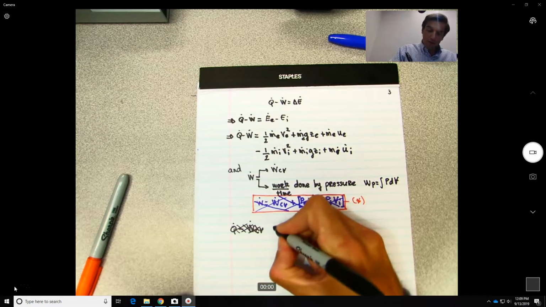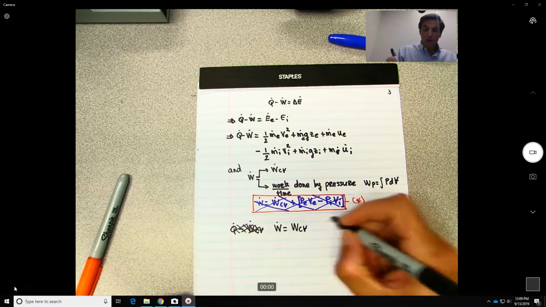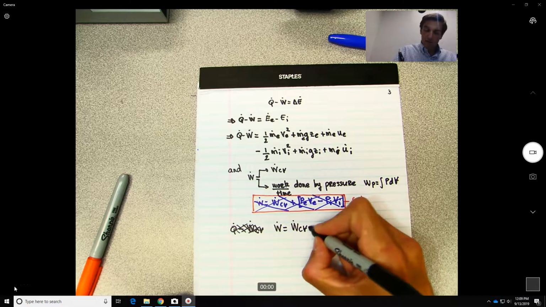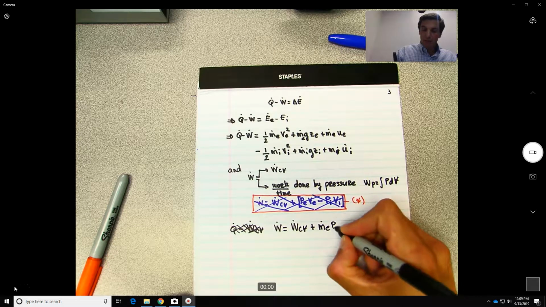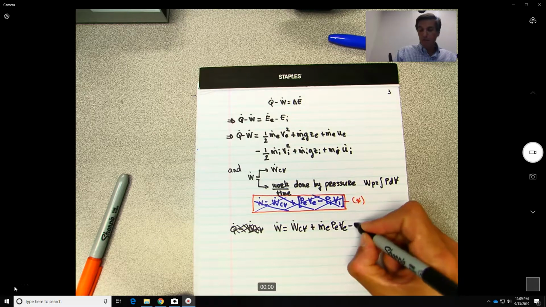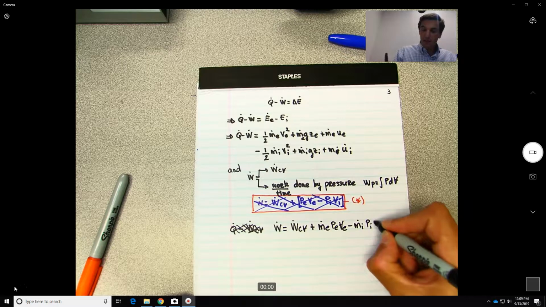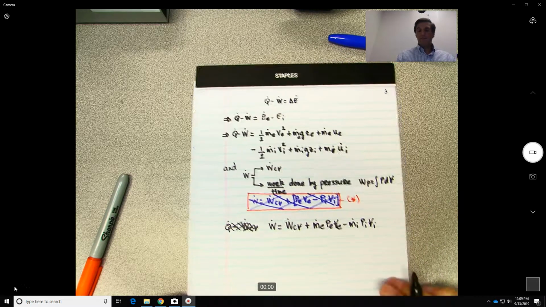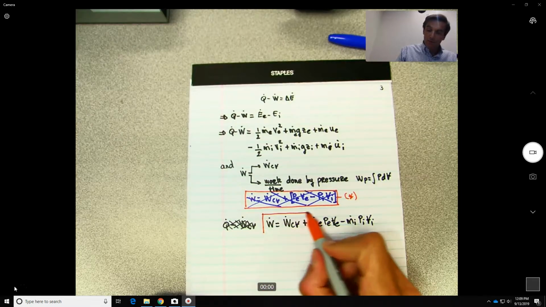So basically, the power will be equal to this plus m dot exit P exit V exit minus m dot inlet P inlet V inlet. I forgot the mass flow to make it per unit time.